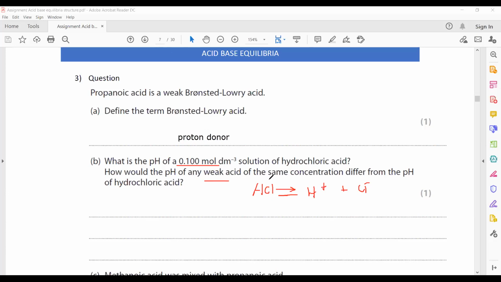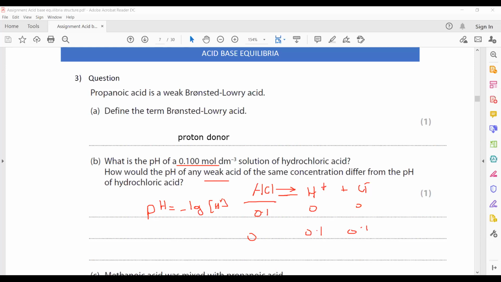As it dissociates into H plus, the original concentration of the acid is the same as the final concentration of hydrogen ion. And from the hydrogen ion we can find the pH, which equals minus log of hydrogen ion. So 0.1 or 10 exponent minus 1, so I think the pH will be 1.